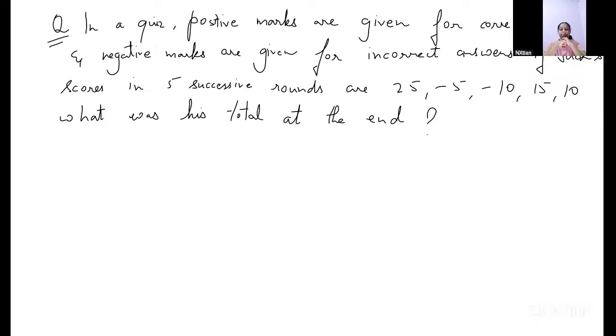So for 5 rounds, 5 numbers are given. 2 are negative, 3 are positive. You have to add them up and find out his total. I'll write the equation for you: 25 plus minus 5 plus minus 10 plus 15 plus 10. Solve this.